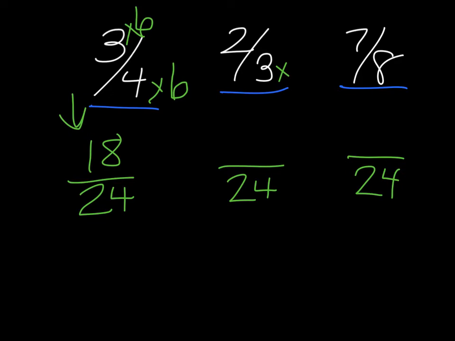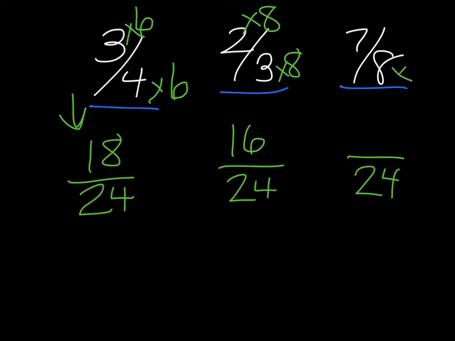All right, and we know that 3 times 8 gives us 24. So then I need to do to the top 2 times 8. 2 times 8 is 16.